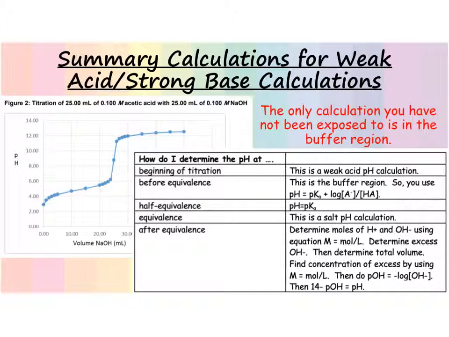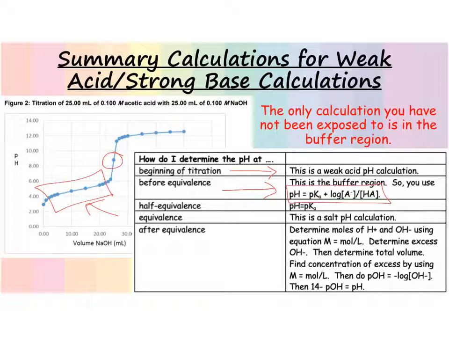Now this one is a little different: weak acid, strong base. At the beginning you have a weak acid in there, so you're going to do a weak acid pH calculation with your Ka and an ICE table. Before equivalence, in the region that you heard me call the buffer region a while ago, we have to use a special equation, which I have not introduced yet, so I don't expect you to know it yet, but we'll get to it later.